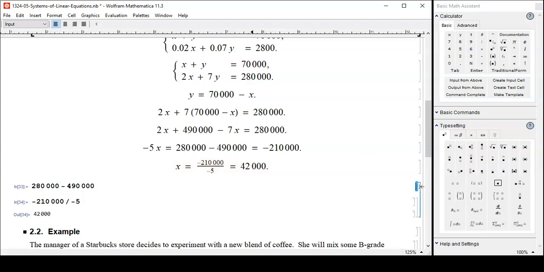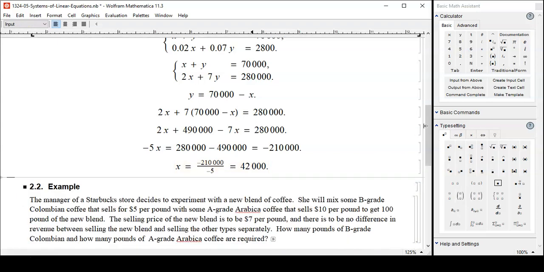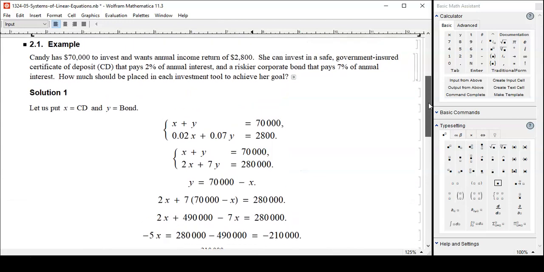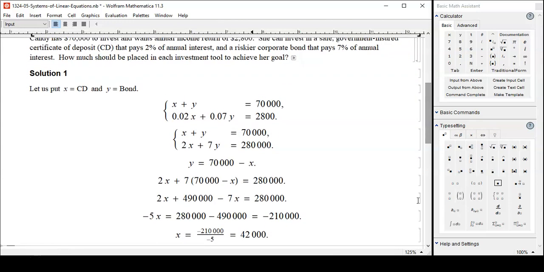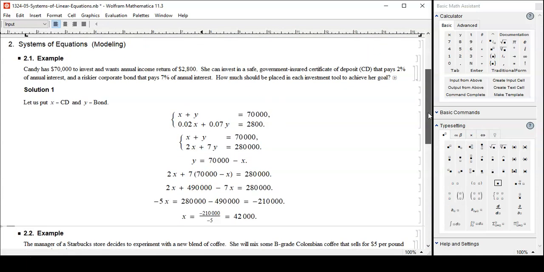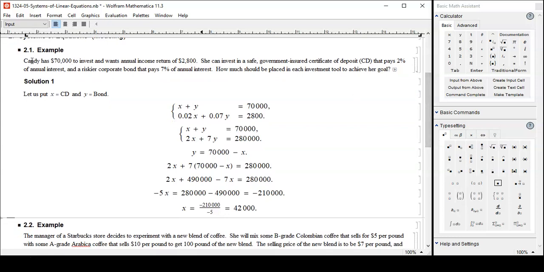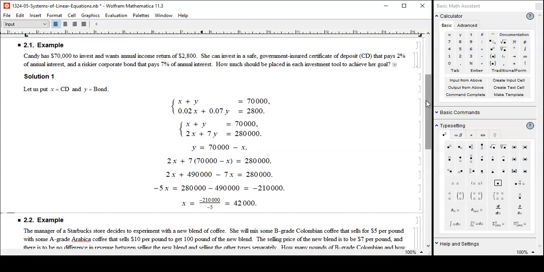So 42,000 goes to CD, certificate of deposit. Shall I make a bit smaller font so that everything is in the same viewing window? It may be a bit difficult to read the problem, but the solution part is clearly visible. Okay, we got x, and then how do you find y?